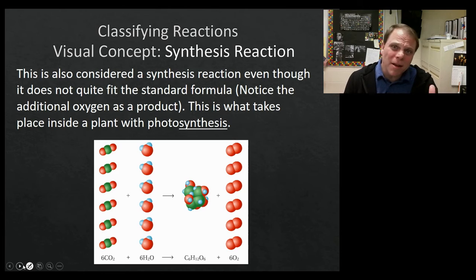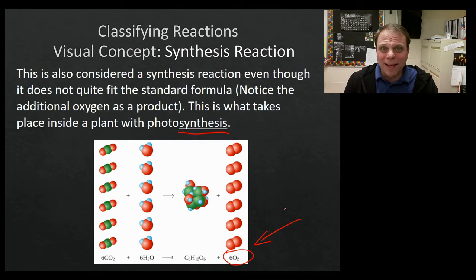Okay, so this is another type of synthesis reaction, and this synthesis reaction is one in which you see photosynthesis. Notice here I've got photosynthesis, right? Now this reaction doesn't quite fit the model that I just gave you, A plus B gives you AB, because it also has this extra little O2 that's also part of it.